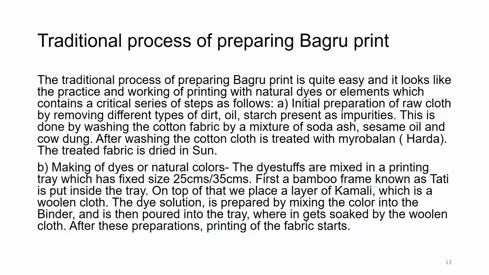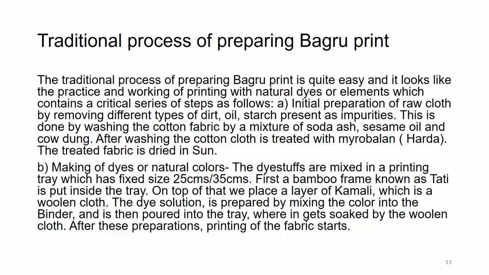First is the initial preparation of the raw cloth by removing different types of dirt, oil and starch present as impurities. So, whether it is dyeing or printing, this step of purifying the surface of the material is common.